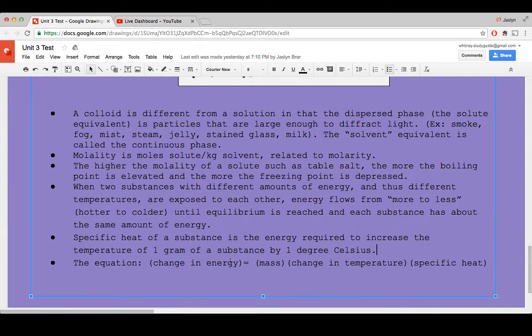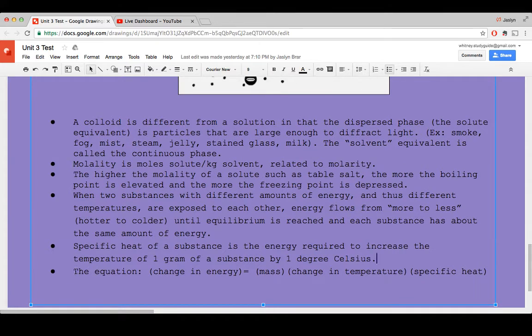So you can use the equation to take certain pieces of information and find others while talking about specific heat. You multiply specific heat by change in temperature, and then multiply that by mass, and then you'll get change in energy.